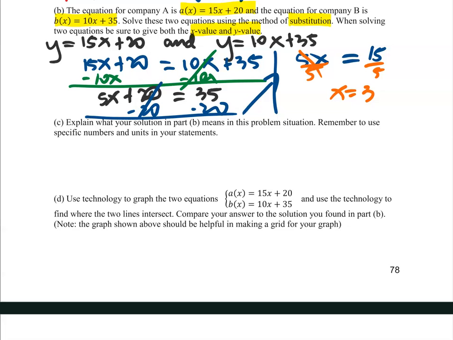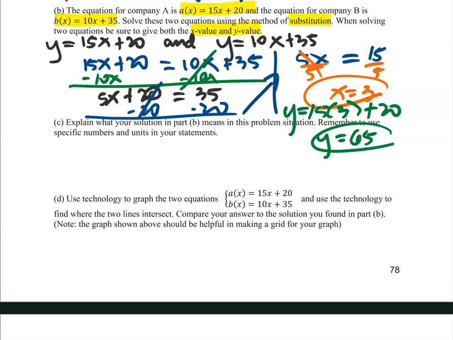And then to solve for the y value, we can plug in this value of x to either of the two equations. So let's say the first one, y equals 15 times 3 plus 20. 15 times 3 is 45, plus 20 is 65.